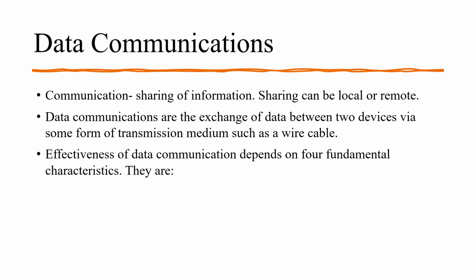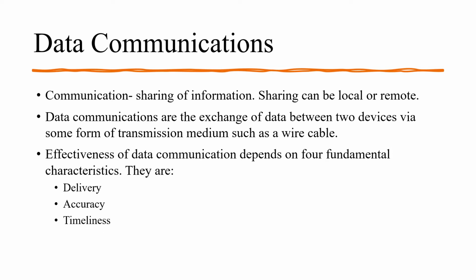So effectiveness of data communication depends on 4 fundamental characteristics, and they are: the first one is delivery. The system must deliver data to the correct destination. So data must be received by the intended device or the user. The next one is accuracy. The system must deliver the data accurately.